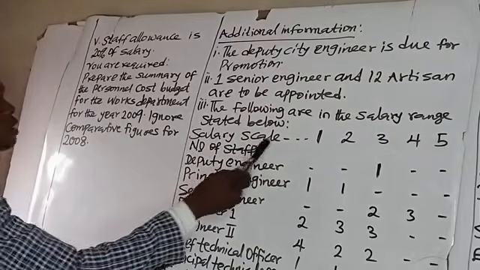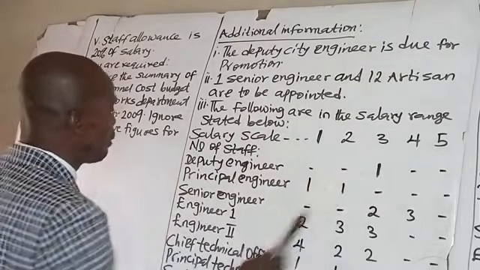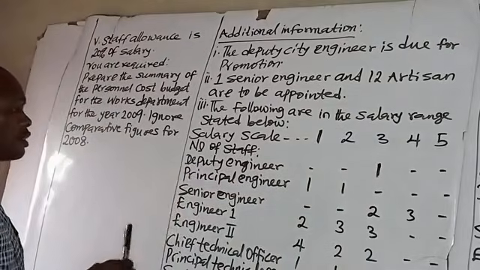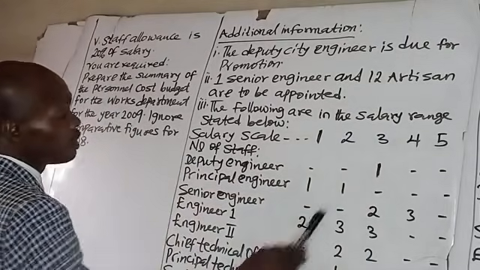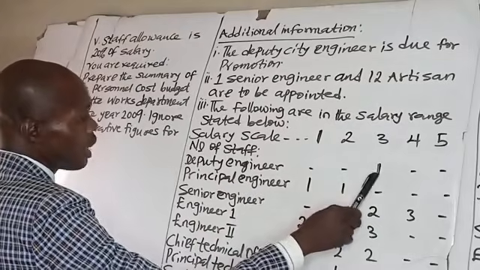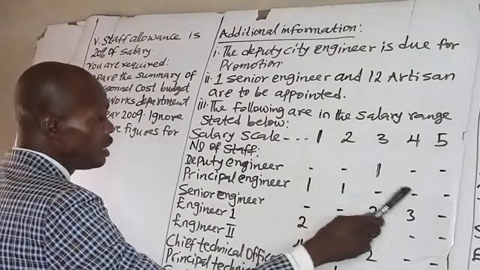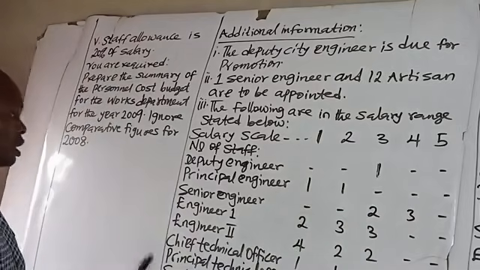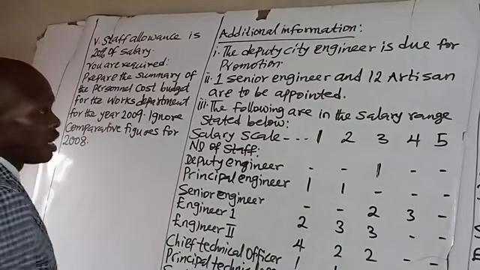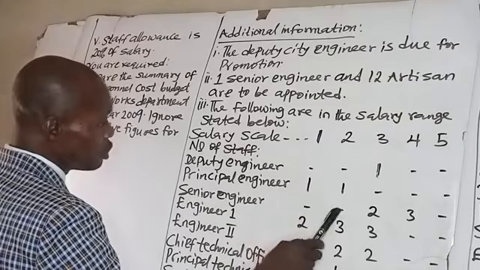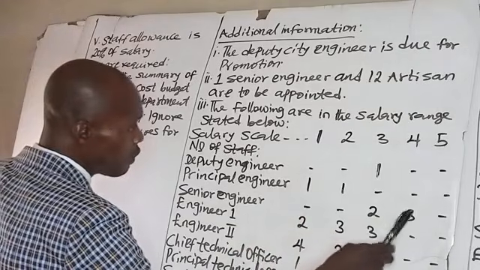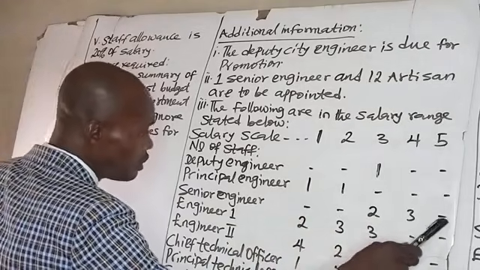Salary scale steps 1, 2, 3, 4, and 5. Number of staff. We have deputy engineer 1. Principal engineer 1, nil, and nil. Then senior engineer step 1 nil, step 2 nil, step 3 2, step 4 3, step 5 nil.